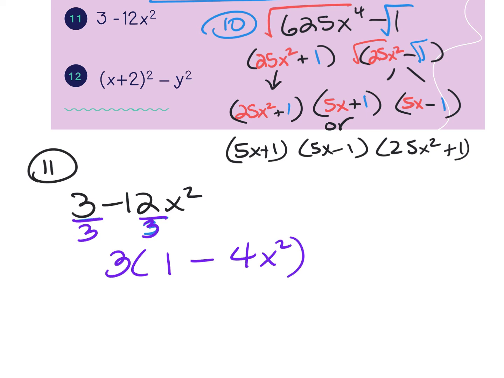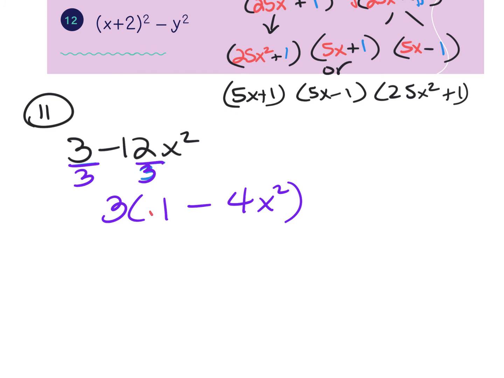This is still the difference of two squares in the parentheses. 1 is a perfect square, and so is 4x squared. So again, I'm going to square root. Don't forget about your GCF. It needs to stay in front of both binomials. Square root of 1, and then the square root of 4x squared is going to be 2x.